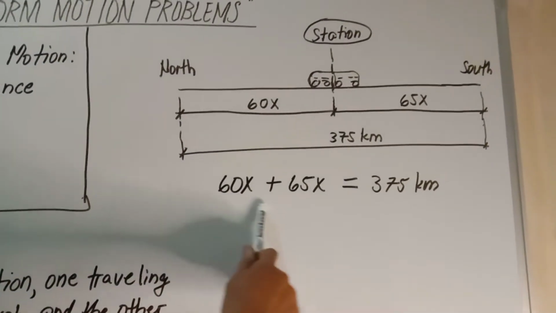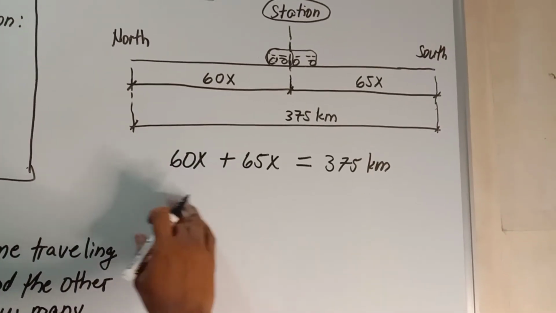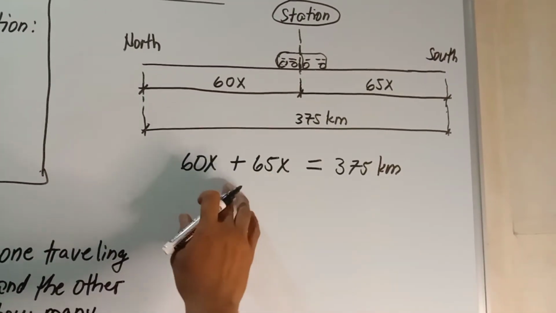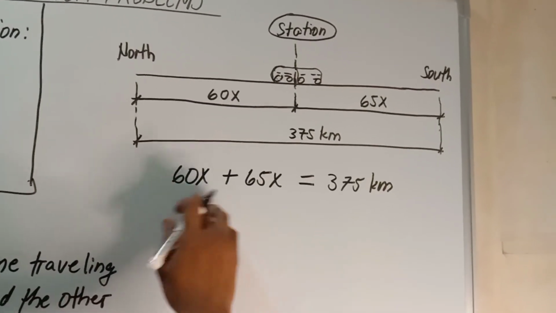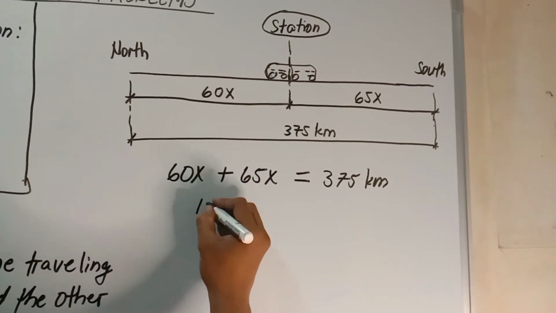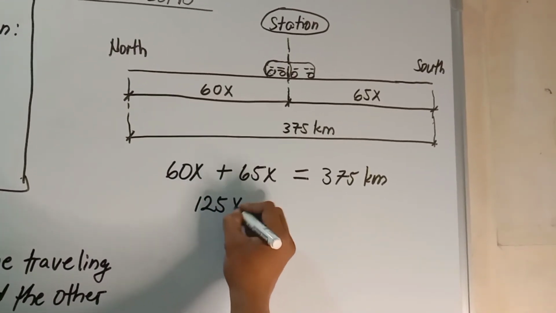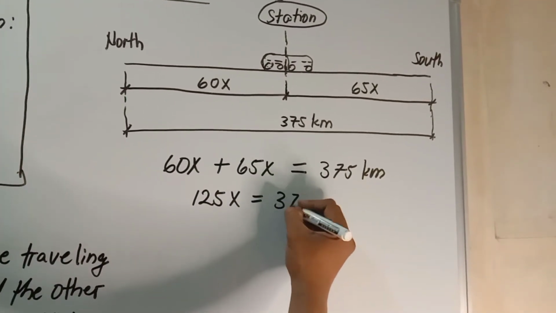Knowing this expression, we can apply the algebraic principles by collecting the like terms. 60x plus 65x will be 125x, which is equal to 375 kilometers.